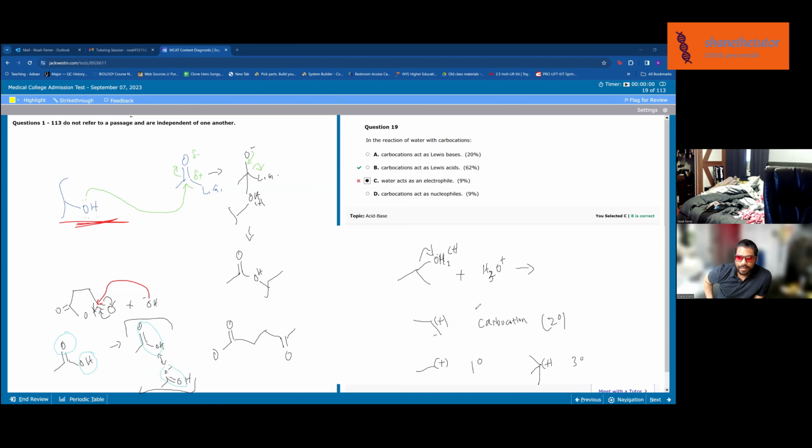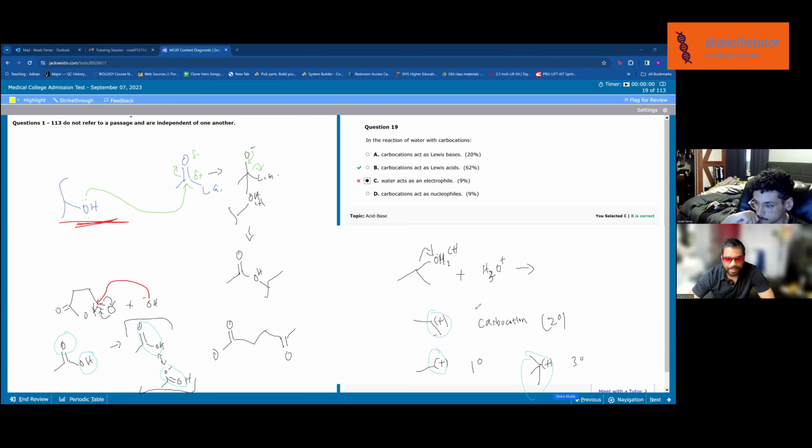It'll be more stable than if it was spread across something that has fewer substituents. So for instance, for the primary over here, the positive charge is right at the end, so it's pretty localized. For this secondary one, it's spread out across two carbons.